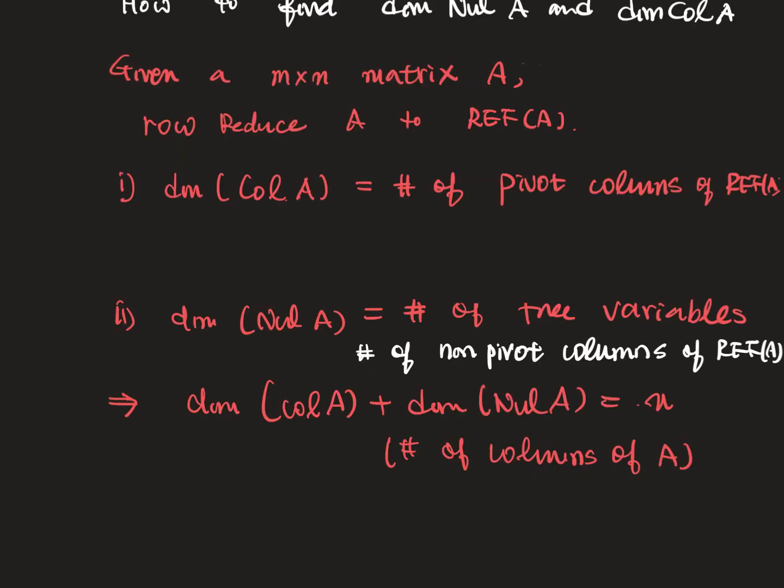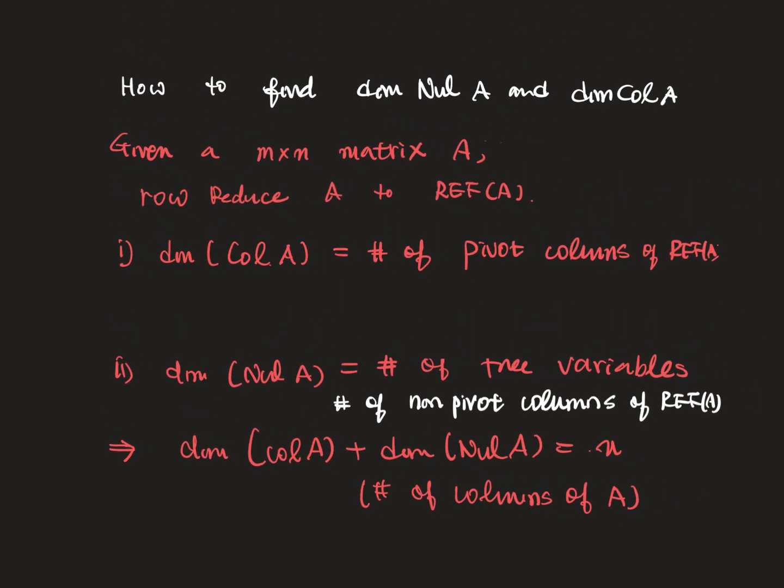Let me just summarize here, guys. How can you find the dimension of null space and dimension of column space? We have to reduce the matrix first, to reduced row echelon form. That's the best way. Find the pivot columns and pivots. The dimension of the column space is the number of pivot columns in the reduced echelon form.